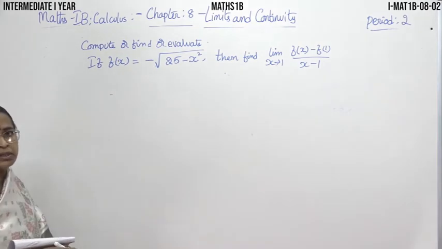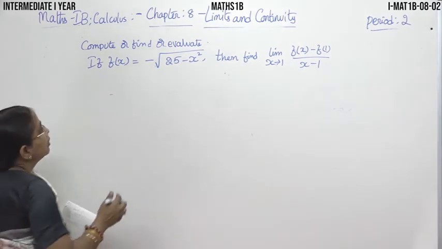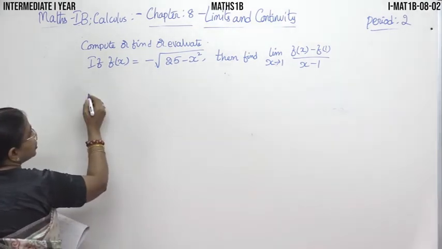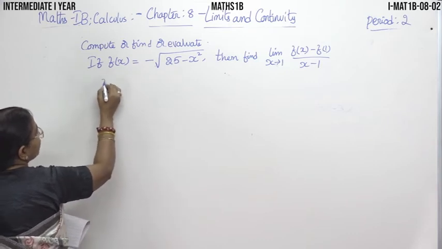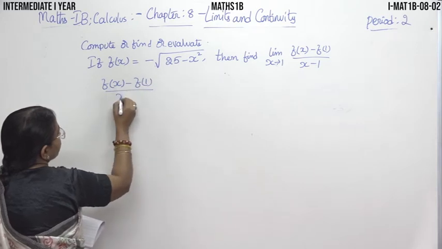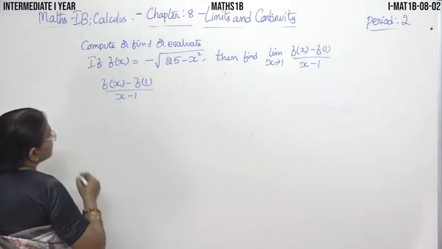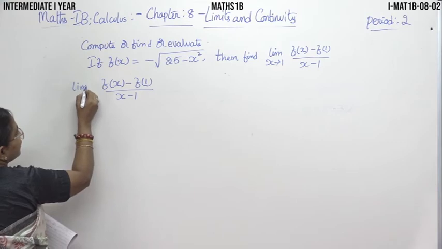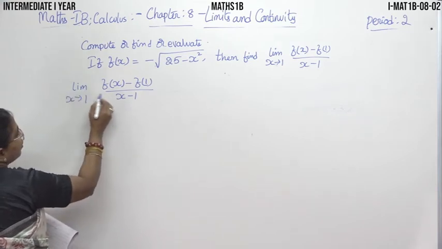So this problem is very important. So now the solution is, we'll take that (f of x minus f of 1) by (x minus 1), so we'll write limit x tending to 1 of this.